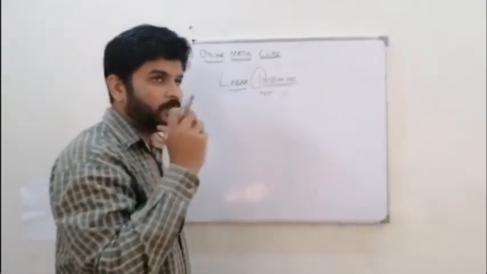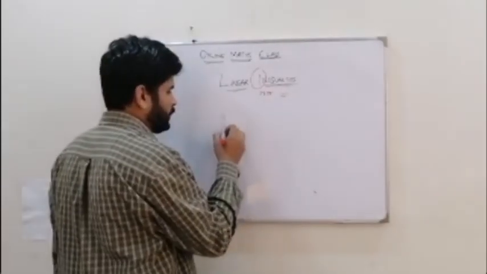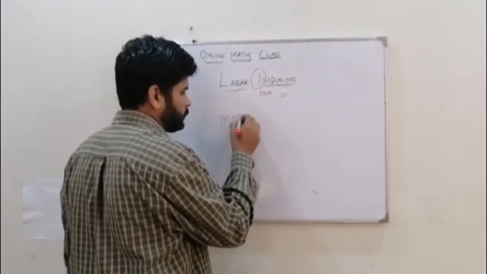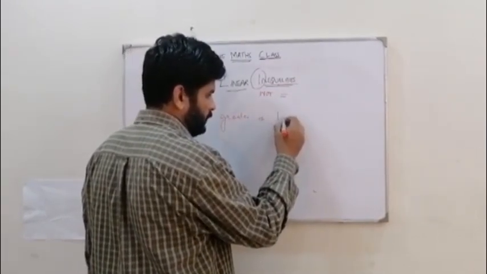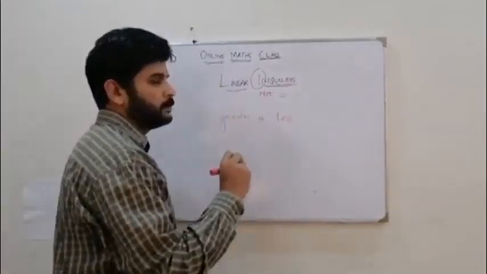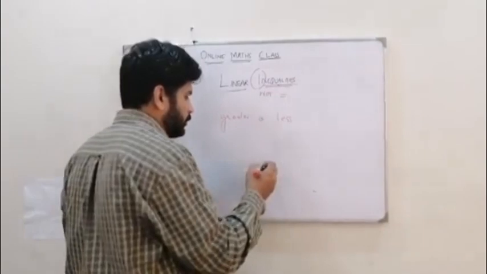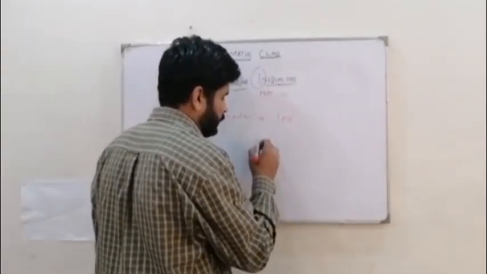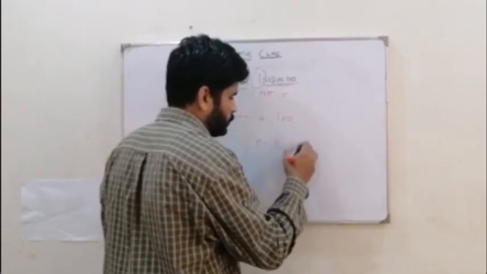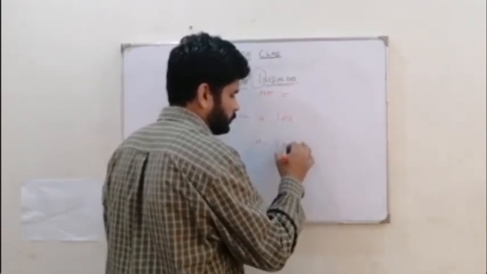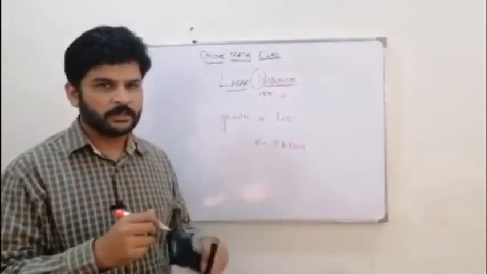Then when it's not equal, it should be two ways. Either it is greater or it is less. Like I can say that my friend Mr. X owes 1000 rupees, so I don't have the money which is equal to Mr. X's.